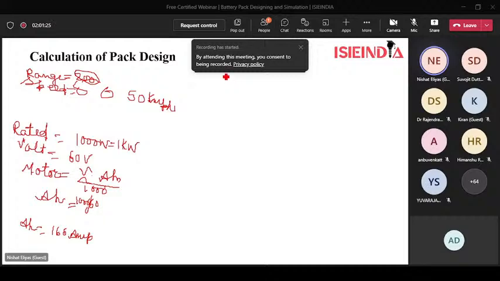This is a completely experimental value, but for a simpler demonstration I am considering it as 5%. So 16.6 plus 5% is around 17.5.